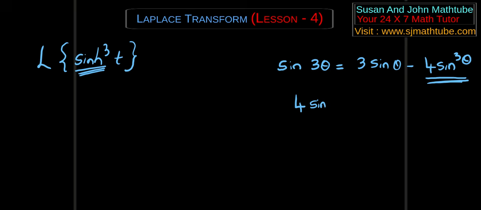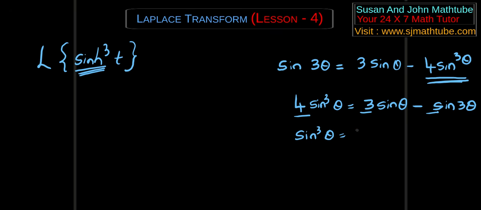So 4 sine cube theta is equal to 3 sine theta minus sine 3 theta. So sine cube theta is equal to, now I am going to divide throughout by 4. So we get 3 by 4 sine theta minus 1 by 4 sine 3 theta.